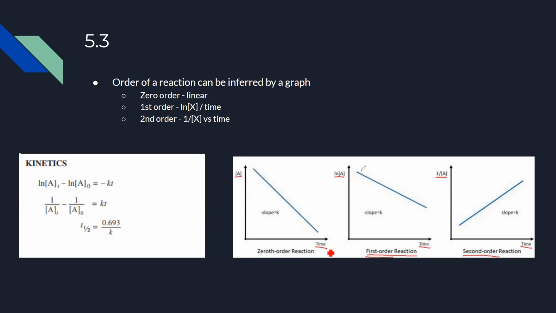The first order reaction will also be linear, and it'll have a downward slope with ln x over time. And that's the natural log of x, and that'll be over time. And then second order, that would be 1 over x, concentration of x versus time, and that'll be a positive slope with the slope equaling positive K.